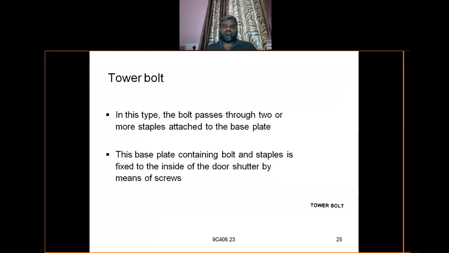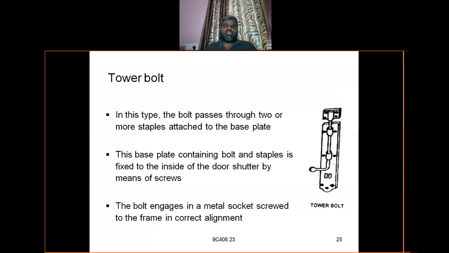Tower bolt. This is a tower bolt. In this type of bolt, the bolt passes through two or more staples. These are the staples, attached to the base plate. This is the base plate. Here three staples are there: one, two, three.